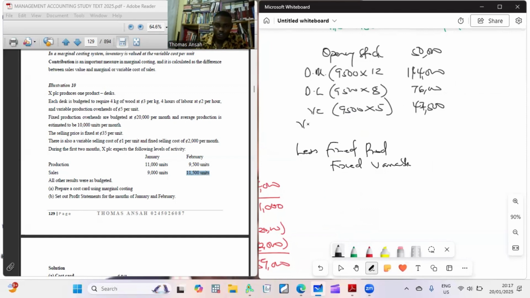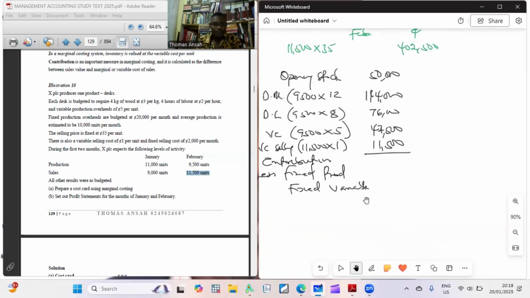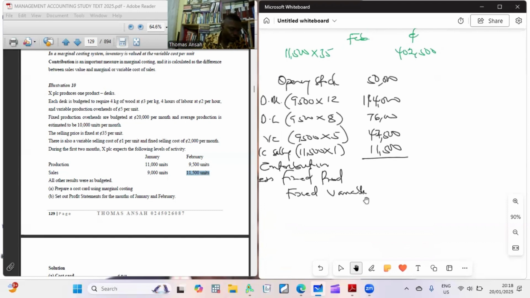Then the variable non-production, the variable selling. They sold 11,500 multiplied by 1 Ghana cedi. So we need to add 11,500 to this one before we get our contribution. There was no closing stock. So the figure there, I need to repunch: 114 plus 50 plus 76 plus 7.5 plus 11.5.